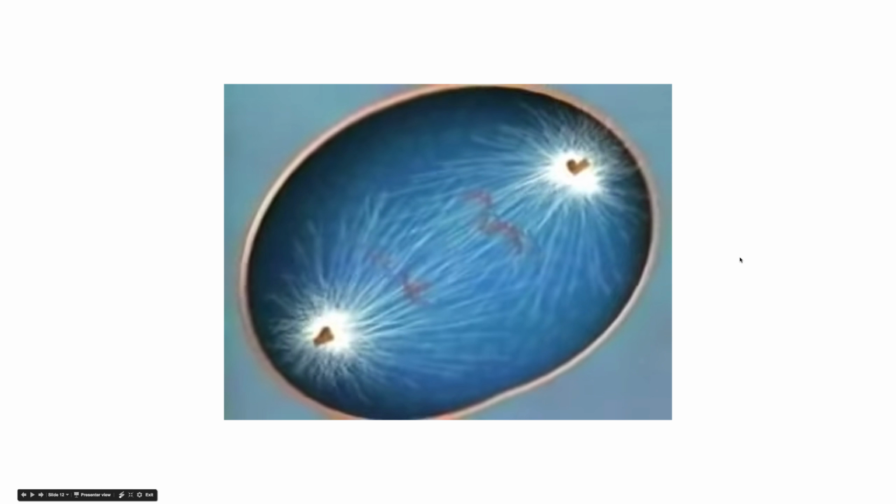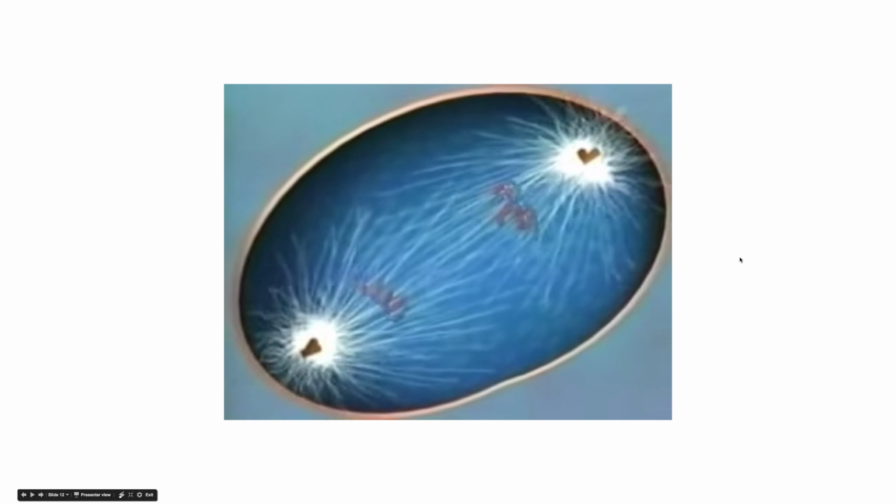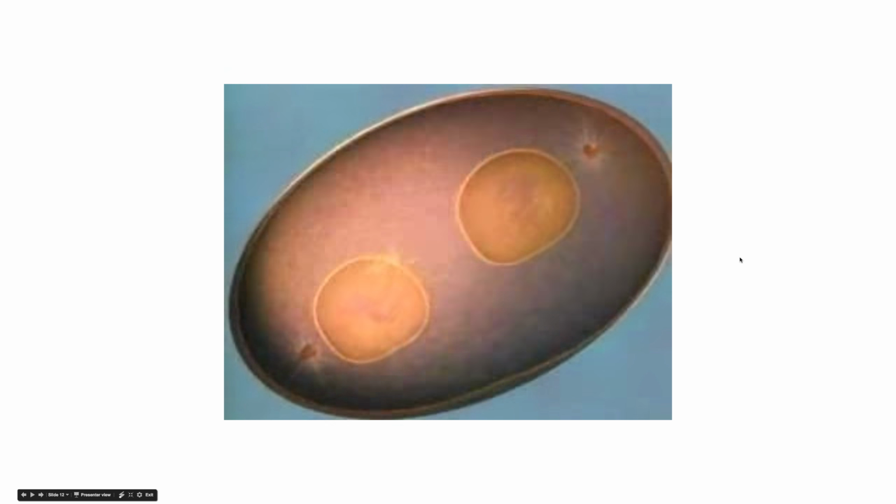Other spindles push against each other in a ratcheting action that stretches the cell. The chromosomes then unwind and the nuclear membranes reform. With mitosis complete, the nuclei and cytoplasm separate, creating 2 new cells in this ongoing cycle that sustains all life.